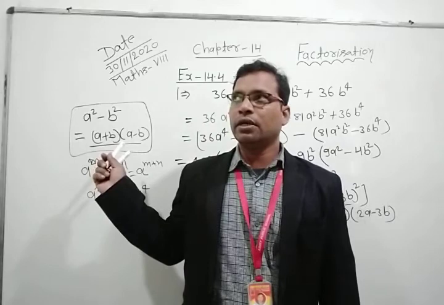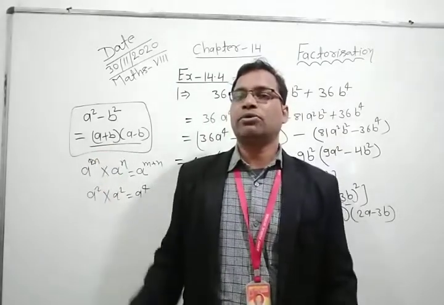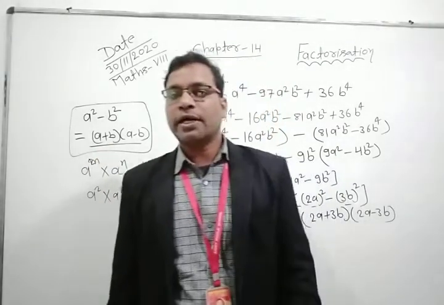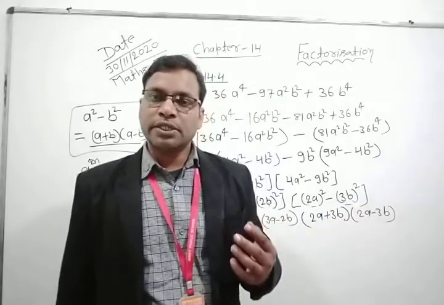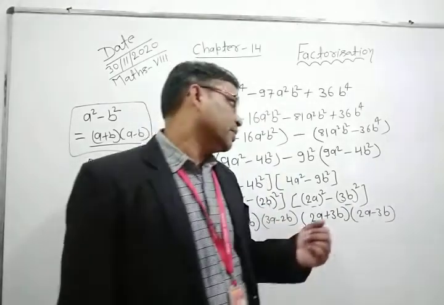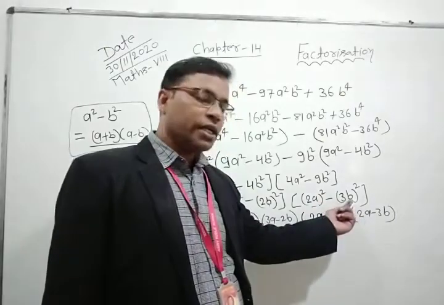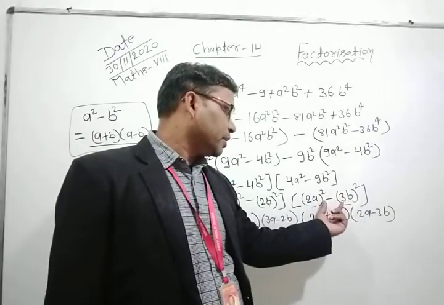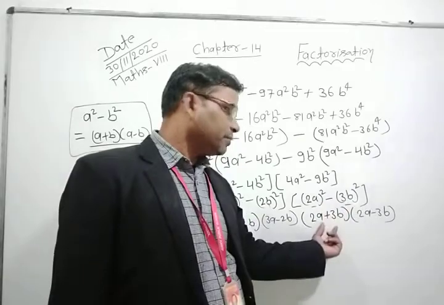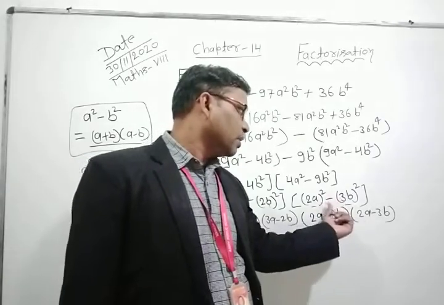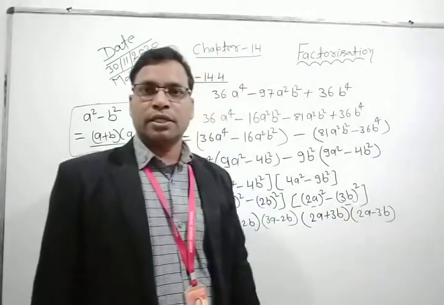Also you know its name, difference of two squares. Difference of two squares is sum of the numbers into difference of the numbers. So first this is a square, this is b square. If you take, then first we take their sum, 2a plus 3b. After this their difference, 2a minus 3b.